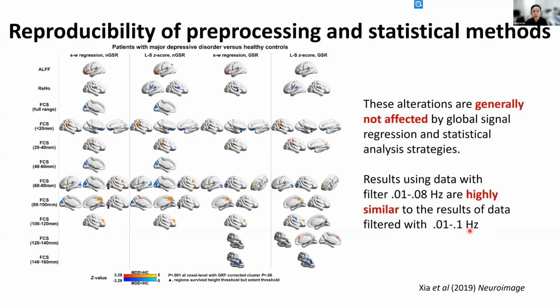These findings were largely reproducible when we used different pre-processing strategies, such as global signal regression or filtering, or different statistical methods. This result suggests that the sample size may be more important than the selection of analysis strategies.